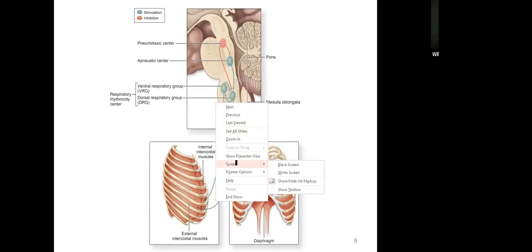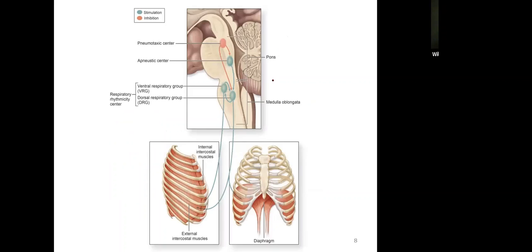I'm just going to make some notes for you here so you can see. Here we have the region of the pons, and here's the medulla oblongata, and we have a stimulation and inhibition center. So here we have the apneustic center and the pneumotaxic center. These centers are responsible for inhibition, the pneumotaxic area, and stimulation by the apneustic area.